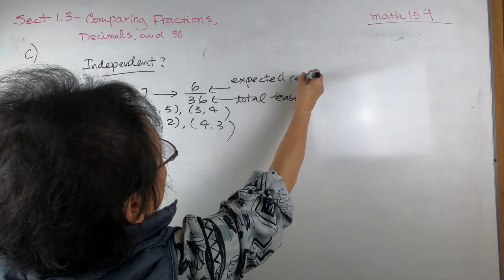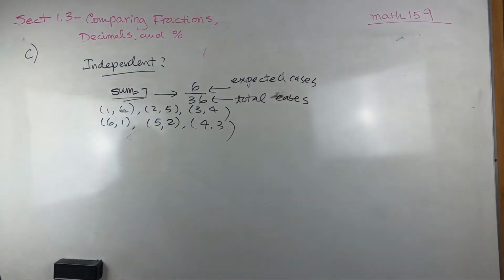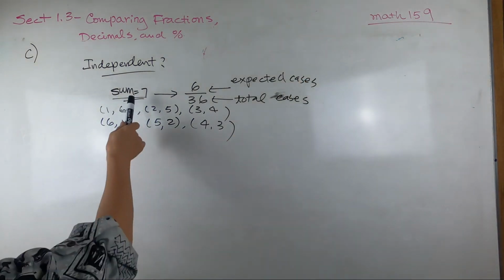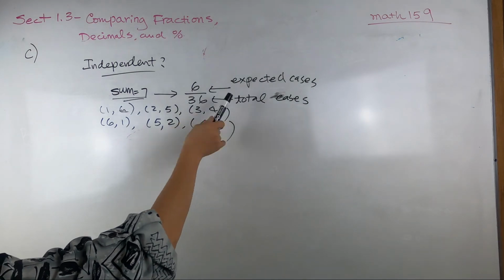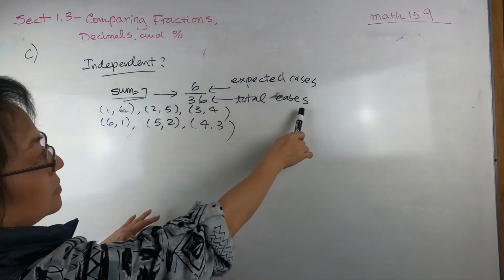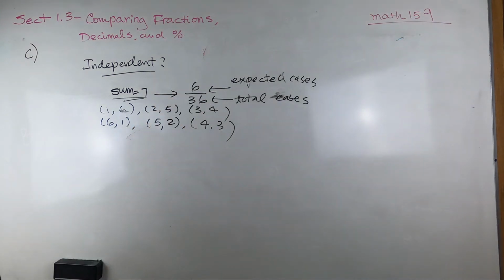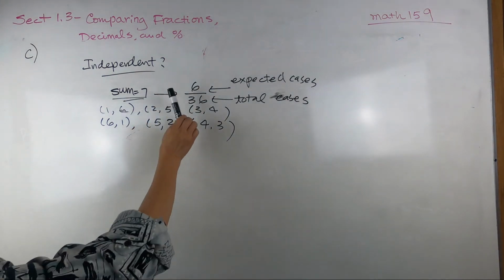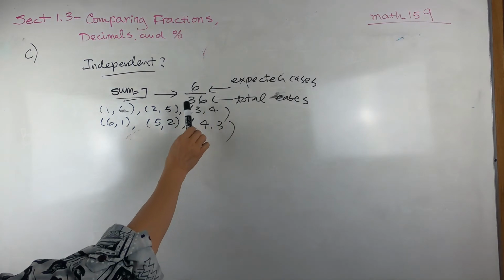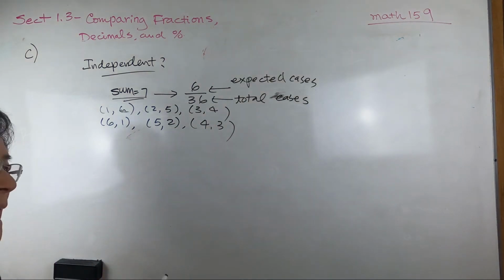Then this is expected cases. What kind of cases do we expect? Total is 7 is this. But for any 2 dice, total cases will be 36. That's why the probability is 6 out of 36. Don't worry about why it's 6 out of 36 yet. Just get some idea, sort of, right, for now.